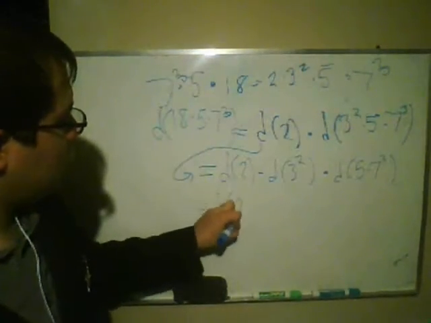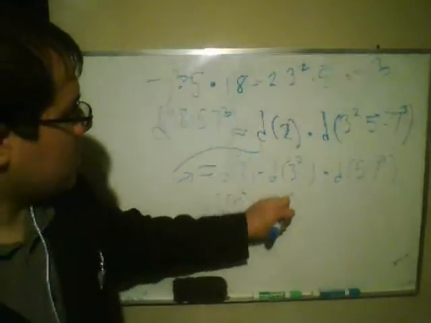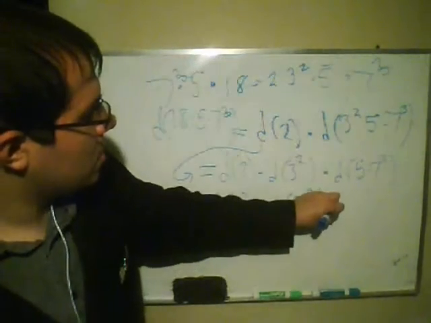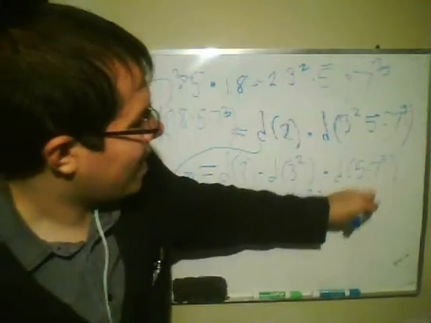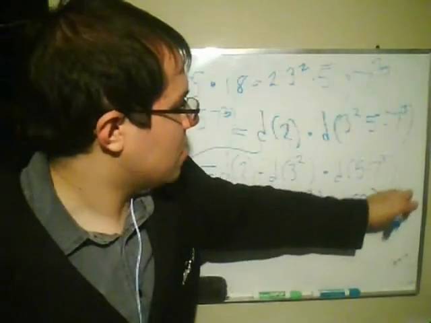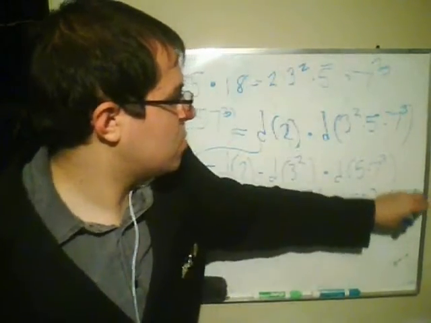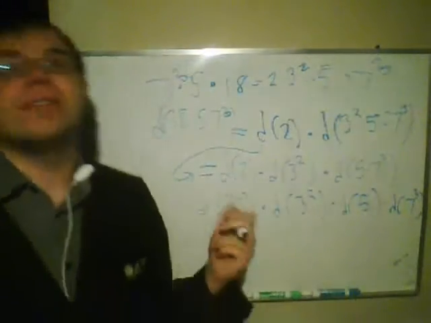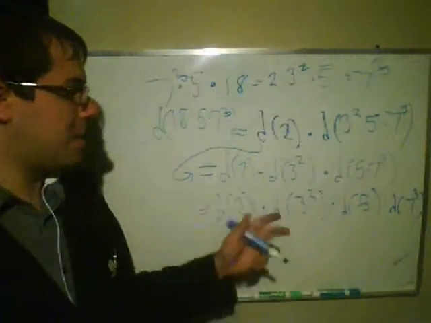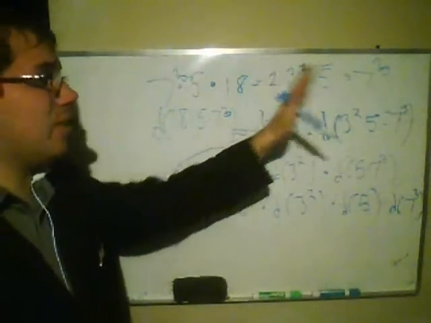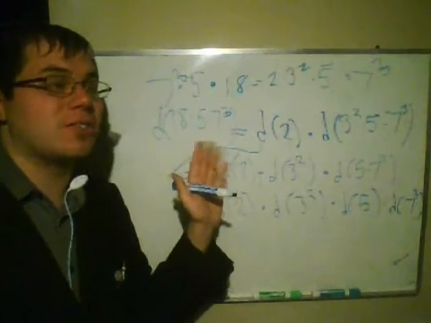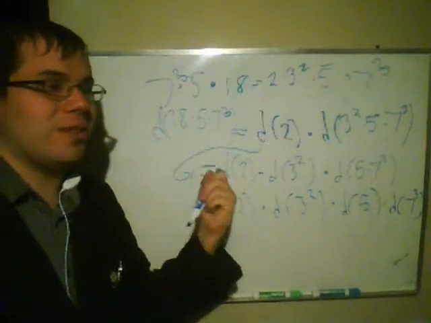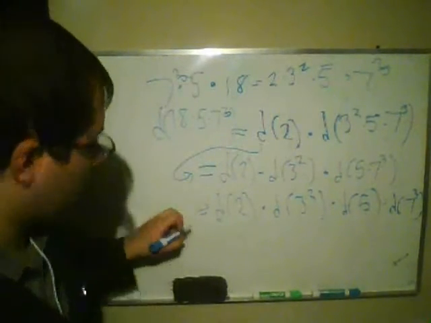Notice I'm breaking this up into pieces. This equals d of 2 times d of 3 squared times d of 5 times d of 7 cubed. Now we have everything in its base case in our algorithm here. We're basically dissecting the d function based on this multiplicative factor. This theorem is very vital to the d function's behavior.